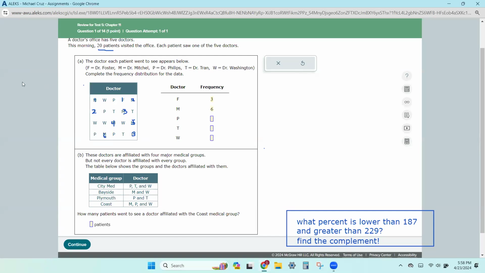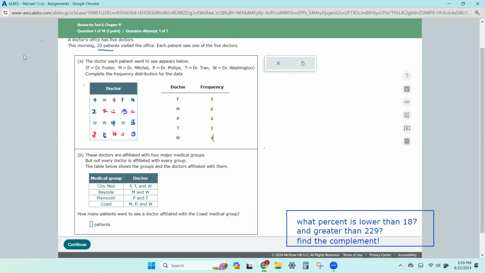Now the P's. 1, 2, 3, 4. So 4 P's. And then on the T's, 1, 2, 3, it looks like. And then the rest of them should be the W. So 1, 2, 3, 4.